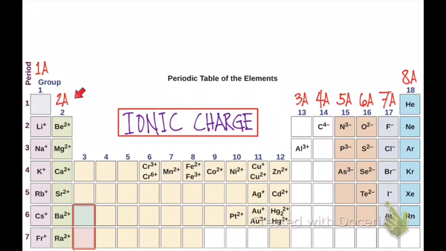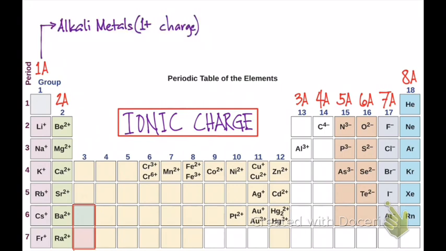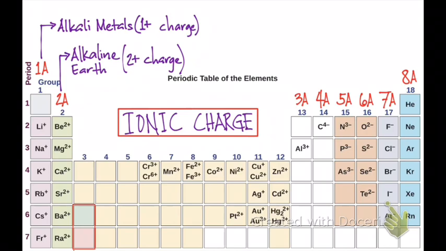And so group 1 elements, the alkali metals, tend to have a positive 1 charge. The group 2 elements, the alkaline earth metals, tend to have a positive 2 charge because they've lost 2 valence electrons. And now you can kind of predict what group 3 elements would have, right? They would have a positive 3 charge because they would lose those 3 valence electrons.